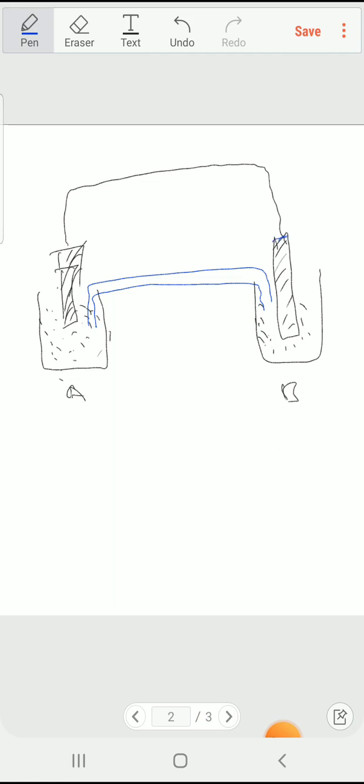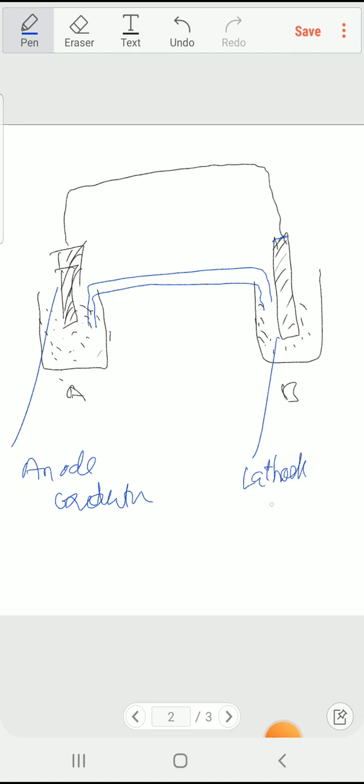So now I just want to tell you that this one is the anode, where oxidation occurs, and this one is the cathode, where reduction occurs. Where oxidation occurs, the electrons move from the negative electrode, which is the anode. I can show that these electrons are moving here, going where? To the cathode.